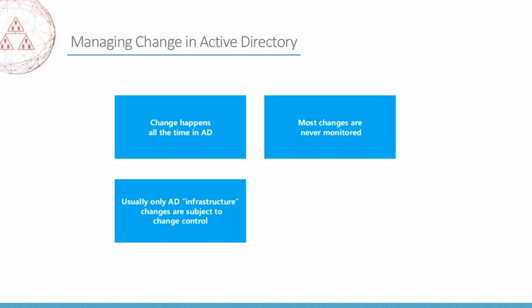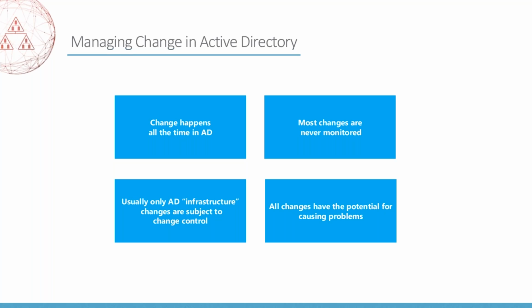And companies have come up with solutions over the years to try to figure out how to essentially work around that, or at least be aware of it when it happens. If somebody gets added to the domain admins group, they get notified or something like that. But those kinds of changes probably should be subject to change control. And then, just in general, all of these changes have the ability to cause problems.